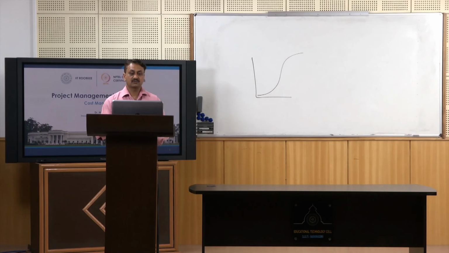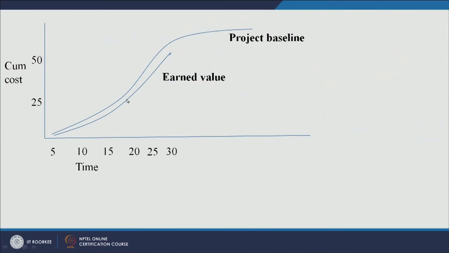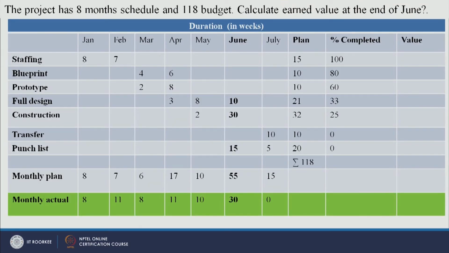This is how you should draw a project baseline: 6, 12, 20, 30, 60, 68, 74, 78 and 80. This is your project baseline and this is what you have earned. You have earned only 51. So this is the difference. This is how you can draw the project baseline and earned value.